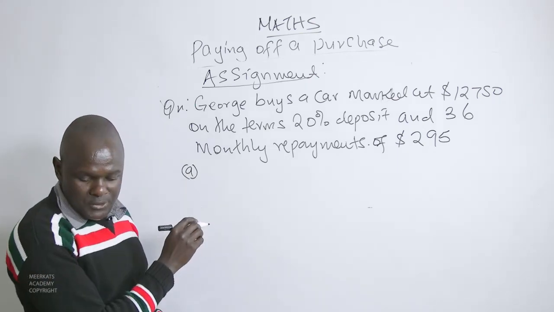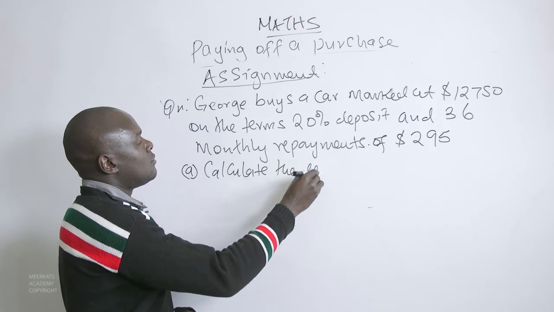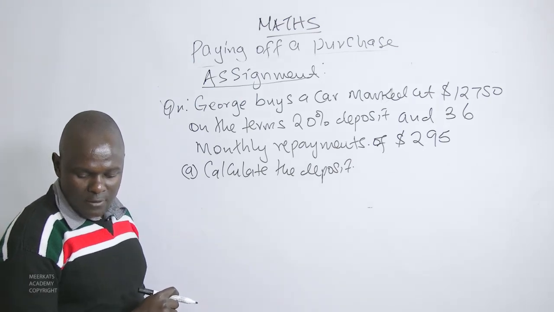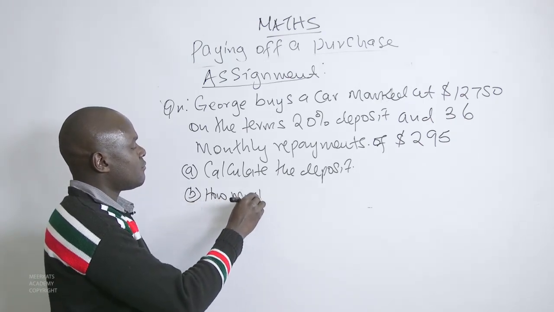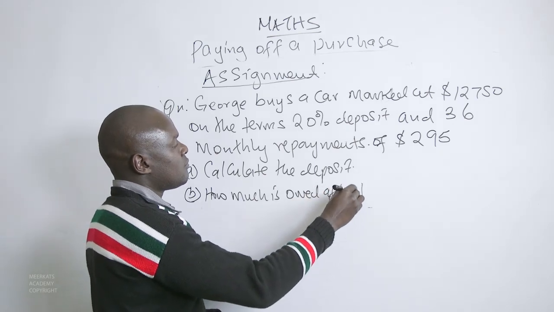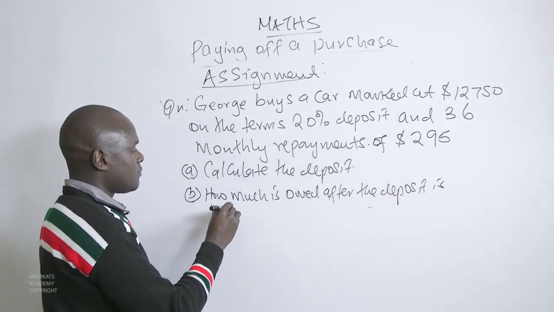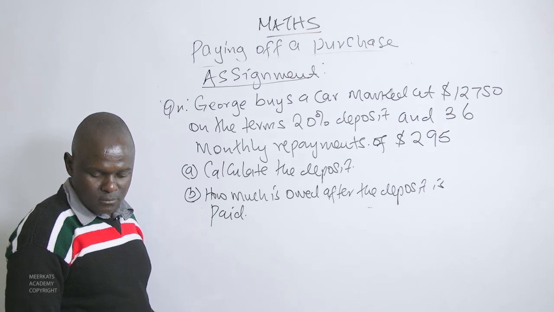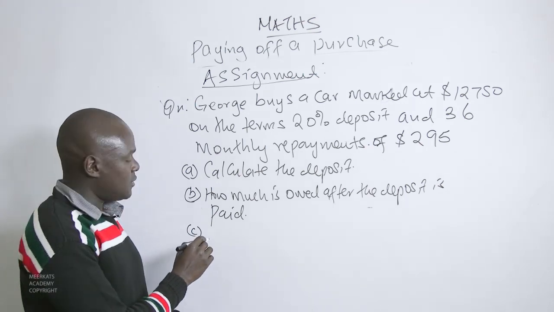Part A, we are asked to calculate the deposit. Part B, we are asked how much is owed after the deposit is paid. The next one is to find the total of all the repayments.